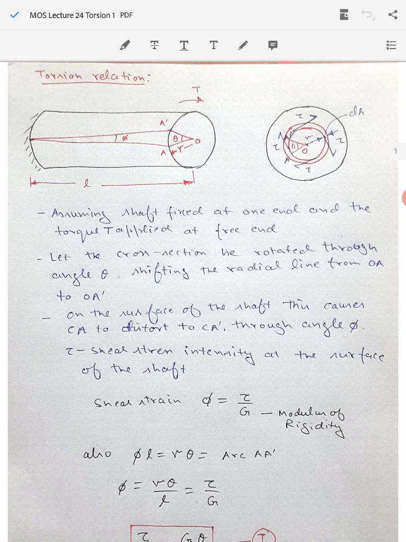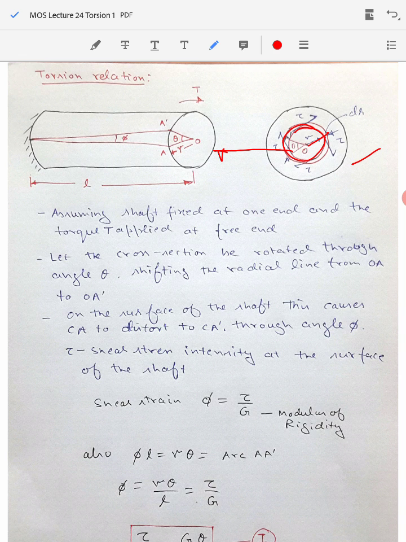So what you see here is a shaft. This is the cross section of the shaft. Okay, and we have taken a surface which is at a distance small r from the center. So we are talking about this surface, and this surface is shown here in this figure, also in another view.